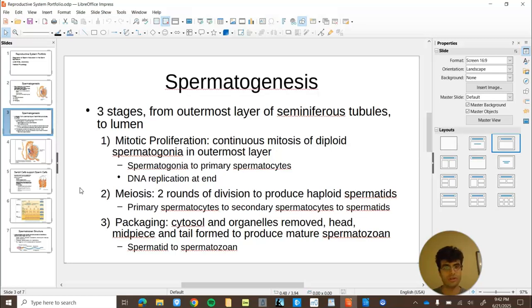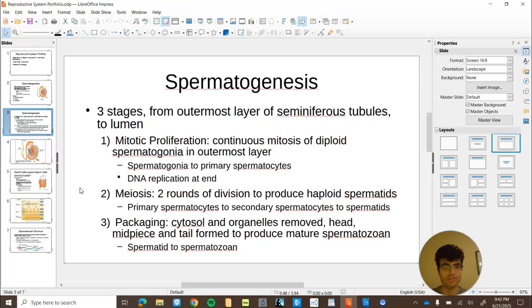There are 4 daughter cells produced because there are 2 rounds of meiosis, and they are genetically unique compared to the original cell that undergoes meiosis. So the difference between mitosis and meiosis is that mitosis is not genetically unique from the original cell. Meiosis is.